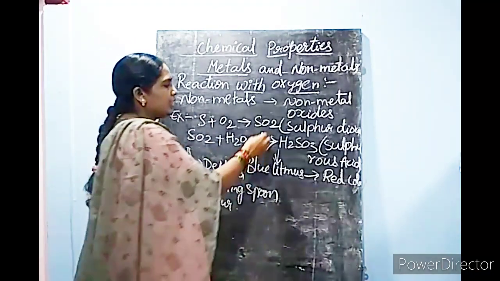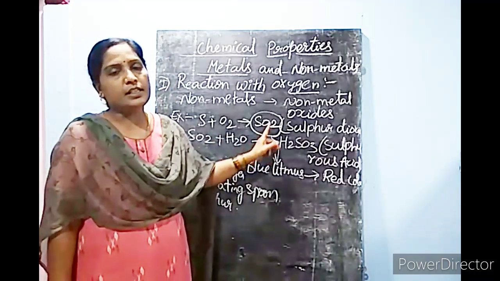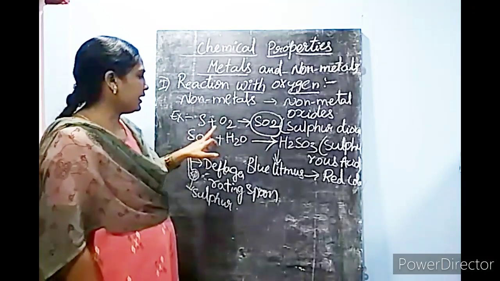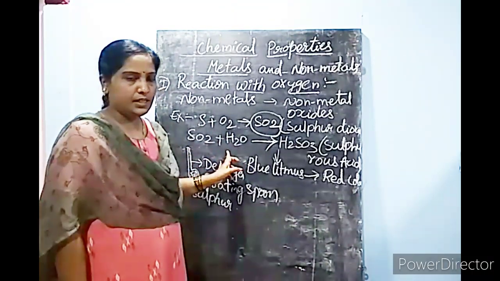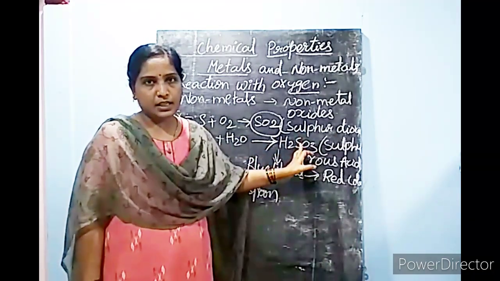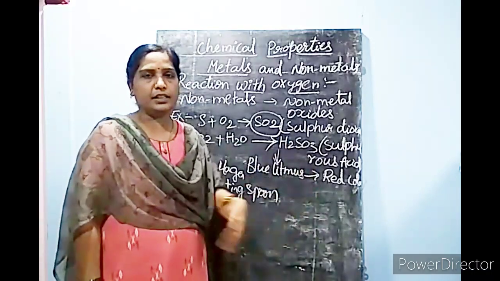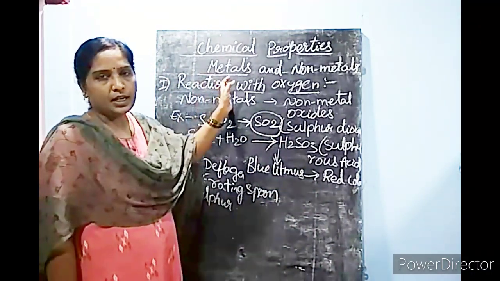The gas formed after burning the sulfur is nothing but sulfur dioxide. To that sulfur dioxide you are adding the water. When they both react with each other, they form sulfurous acid. This shows the acidic characters.